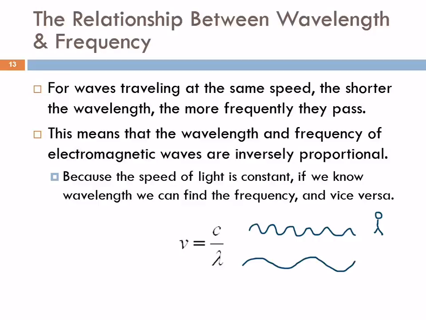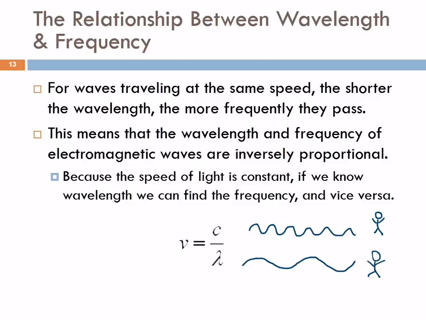So here's a person. These waves are traveling at the same speed. How many crests is this person going to run into? 1, 2, 3, 4, 5, 6 in this illustration. And this person is going to see maybe 2.5.